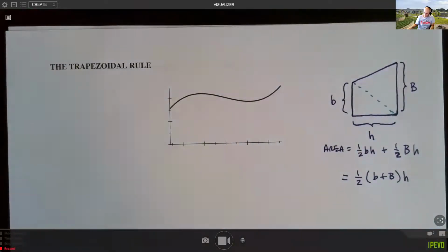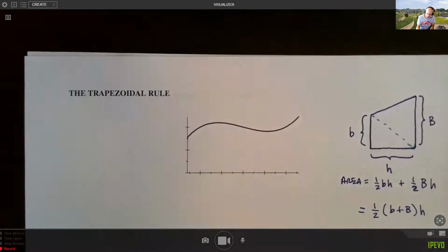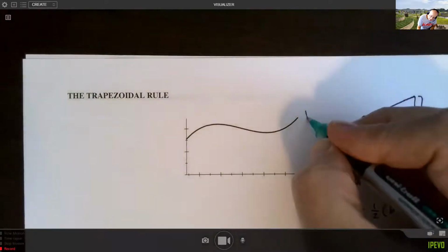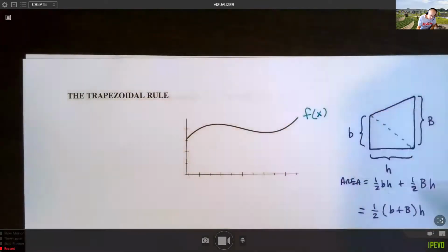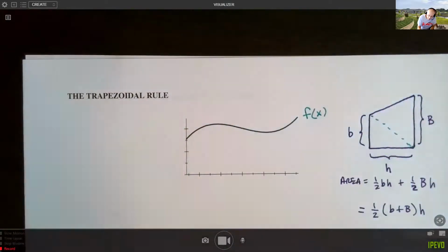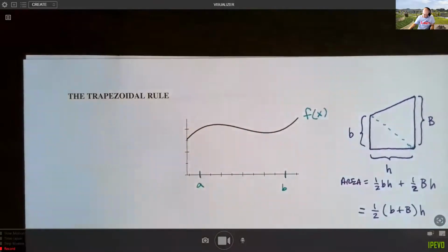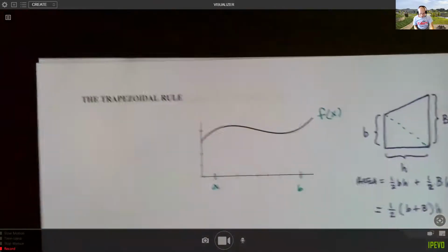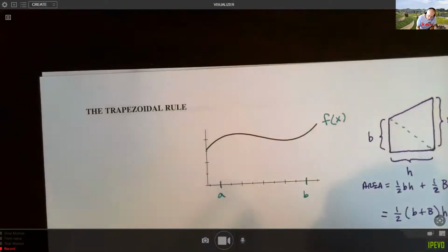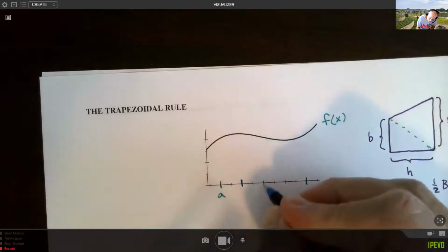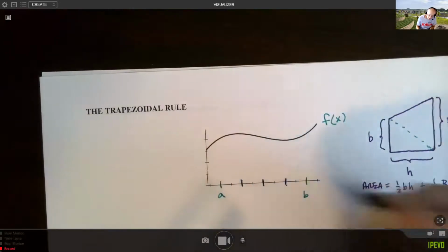So how does the trapezoid rule work? Well, again, suppose we're integrating this function f of x, and we're going to integrate it from a to b. So what we're going to do is we're going to again partition the axis into n equally spaced subintervals.